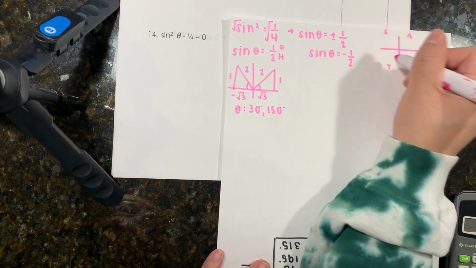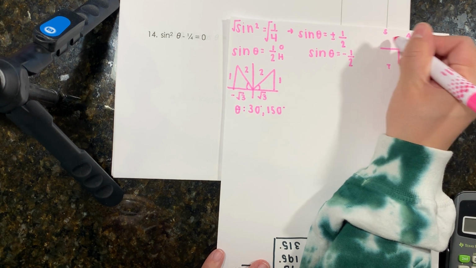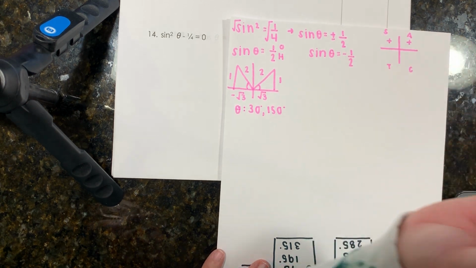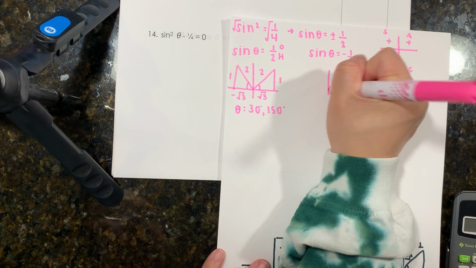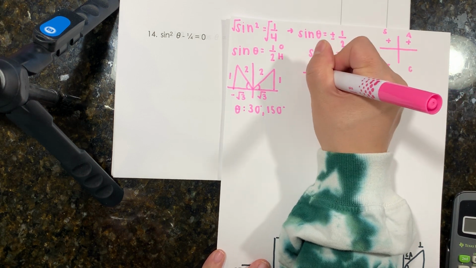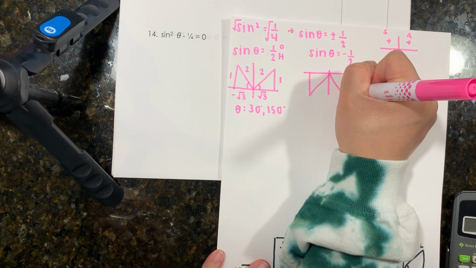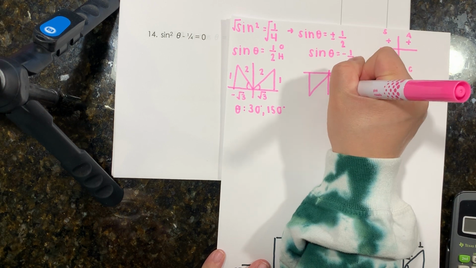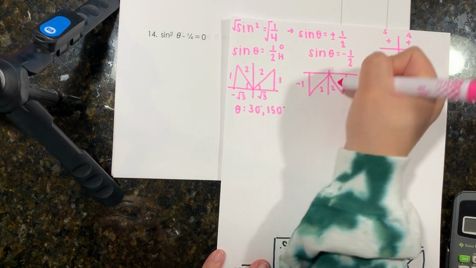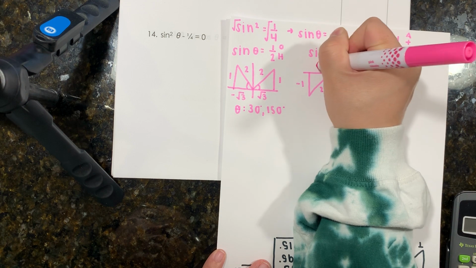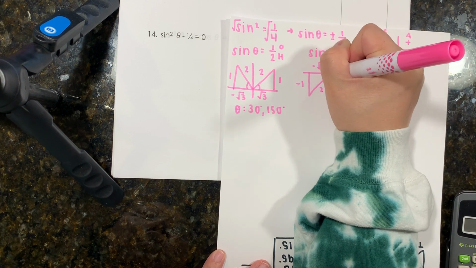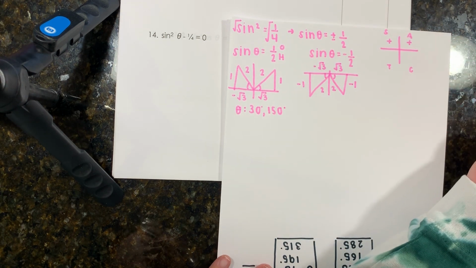For where sine is negative, since it's positive in 1 and 2, that means it's negative in 3 and 4. So I'm going to draw 2 triangles. Opposite, hypotenuse, √3, negative √3. These are again going to be a 30-degree triangle.